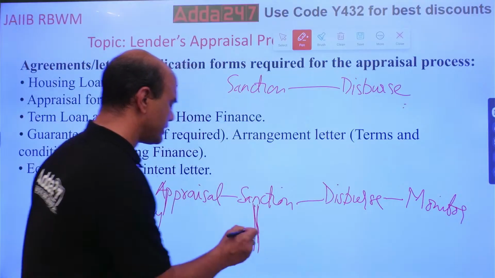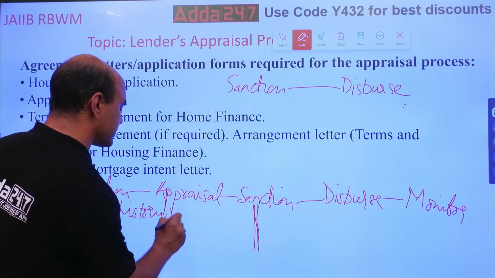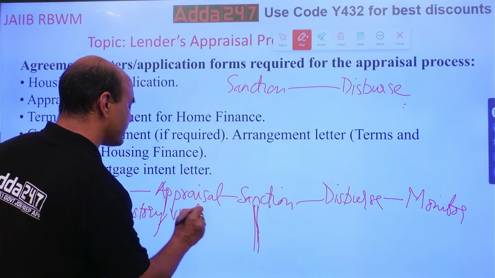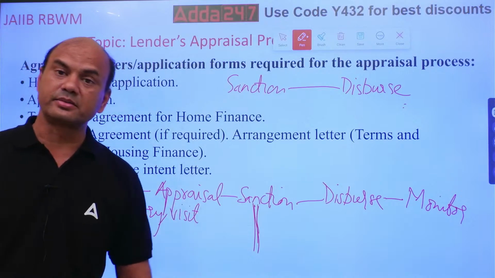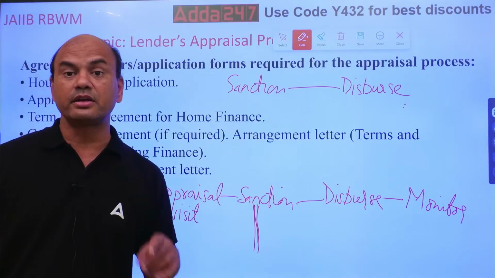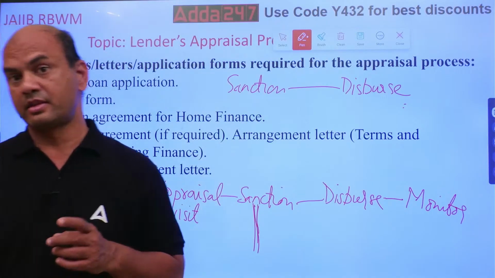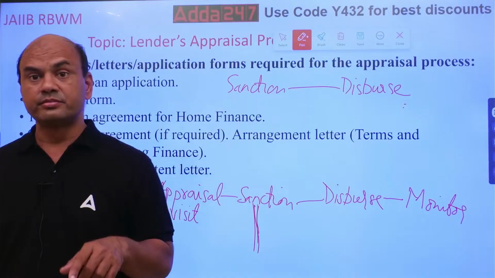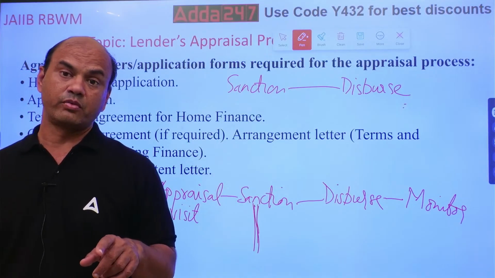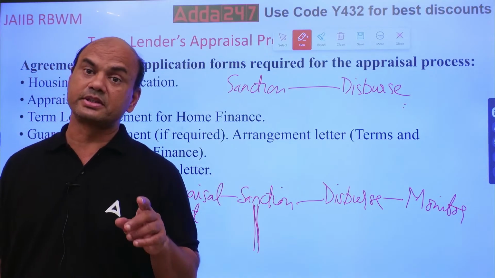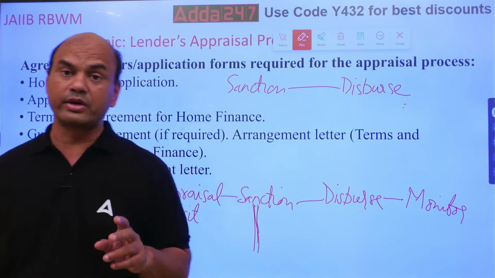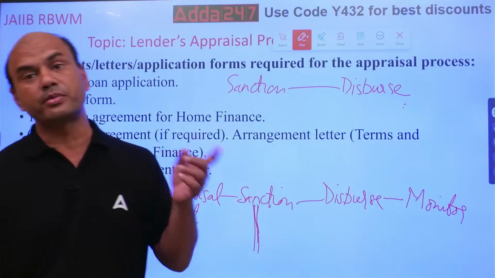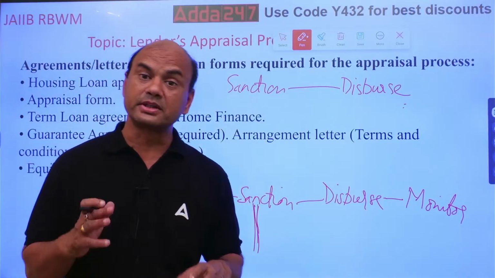Then I do the visit. Where should I make the visit for any customer? I must make the visit number one at the house where the person is residing, and second, at the income place, means where that person is earning the money.